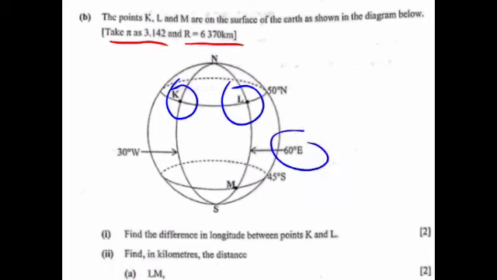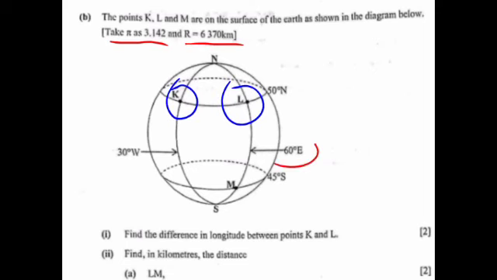So this simply tells me that to find the difference in longitudes between K and L, I have to add the degrees of the longitudes. So I'm going to simply say 30 degrees plus 60 degrees.